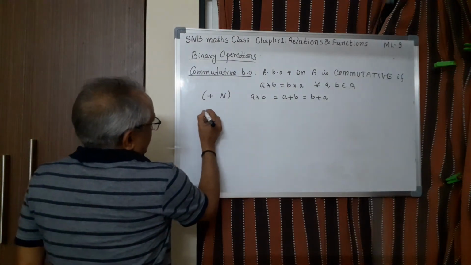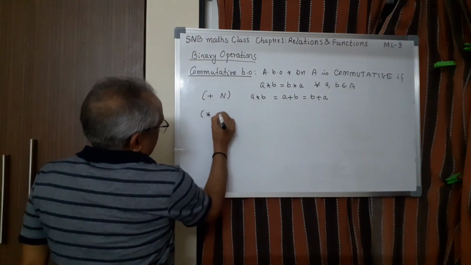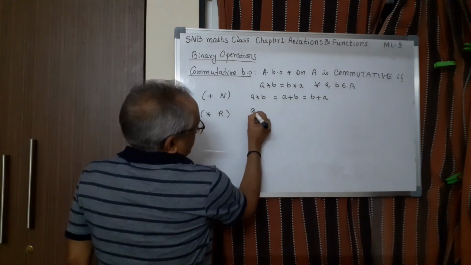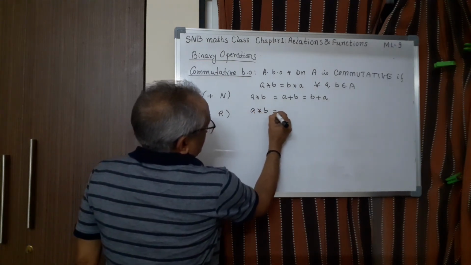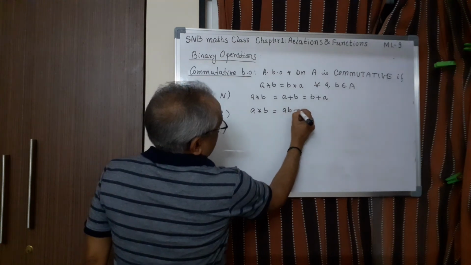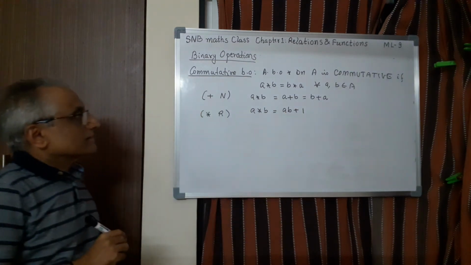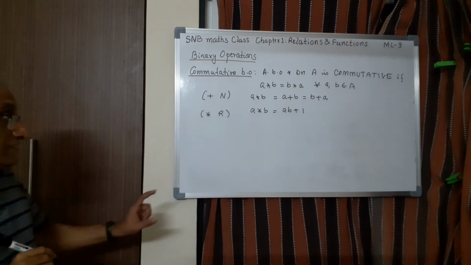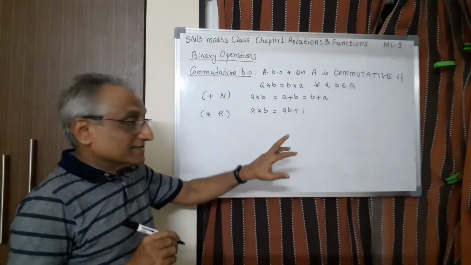Let me give another example. Say star in R defined by, let us say, A star B equal to AB plus 1. Is it a commutative binary operation? First of all, it is a binary operation, you can check that also.